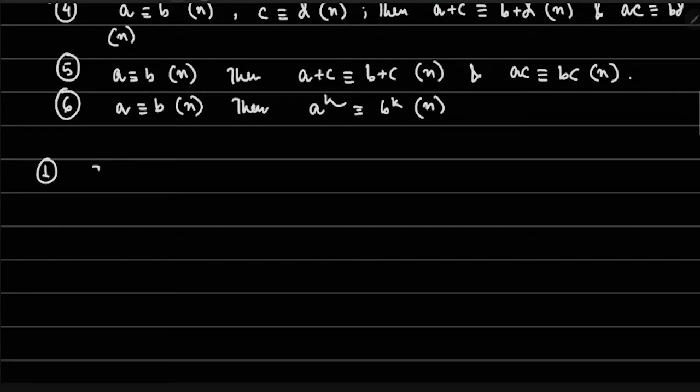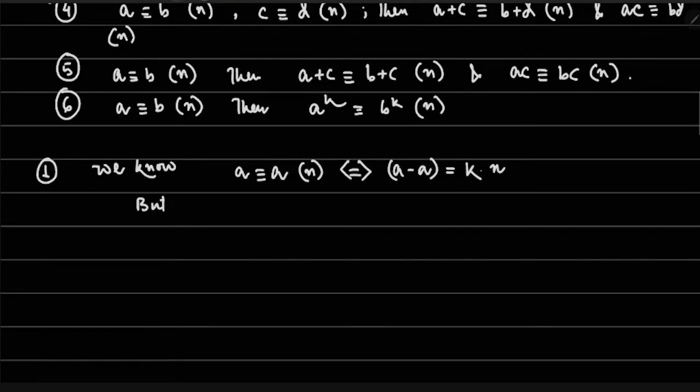We know this is a direct proof method. We know a is congruent to a mod n if and only if a minus a is equal to some integer times n.